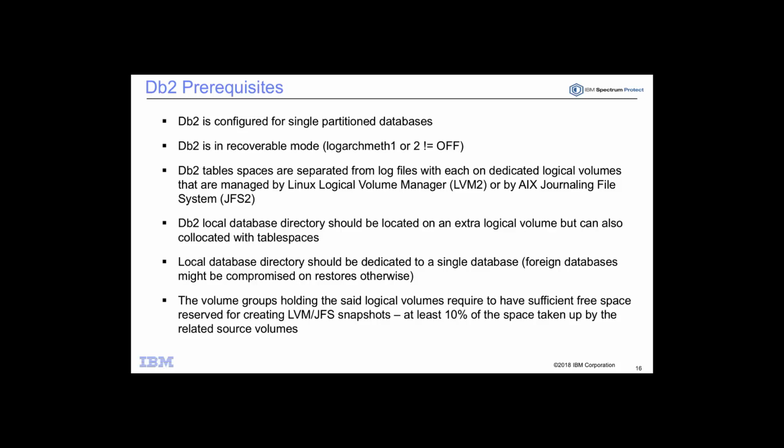So foreign databases might be compromised on restores otherwise. So really you shouldn't mix these. And finally, we do require a minimum amount of free space on the file system, which is 10%, just to give us space to take the snapshot.